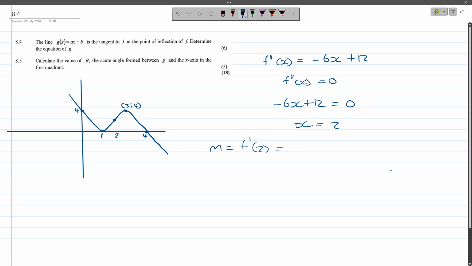The first derivative was minus 3 times 2 squared plus 12 times 2, minus 9. Doing all of this gives us a gradient of 3. So our gradient is 3 and our x value is 2.